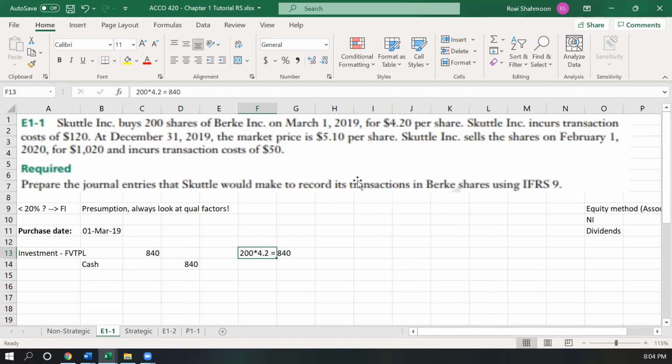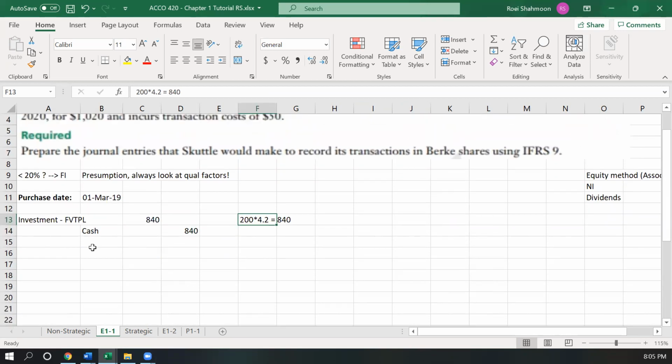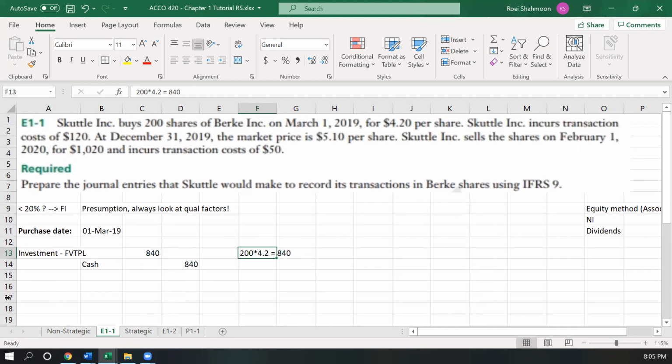So I know this is a gain, an unrealized gain, but a gain nonetheless. So at that point, I will be able to know that I want it to be in my profit, not in my OCI tucked away in a corner. So this is the reason we do this method.